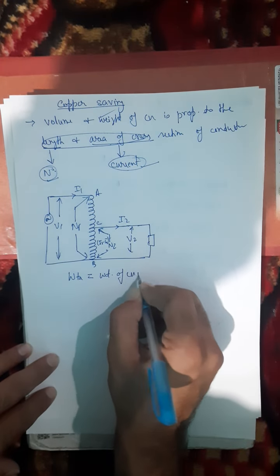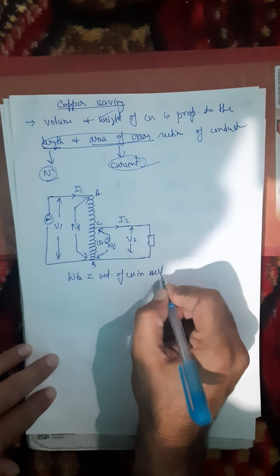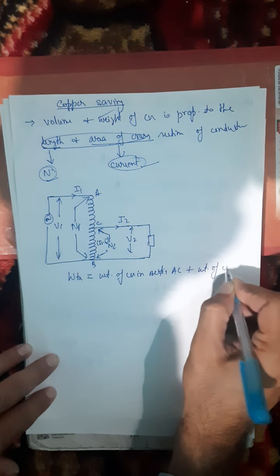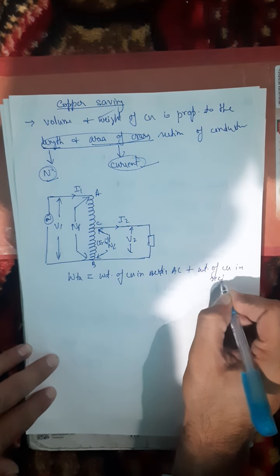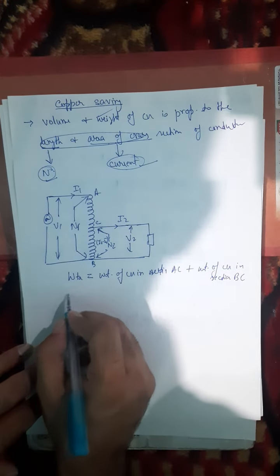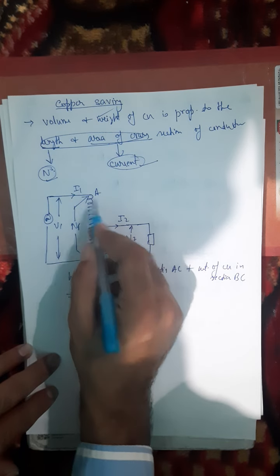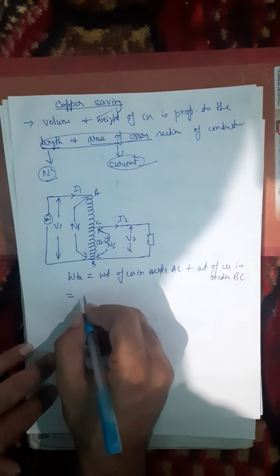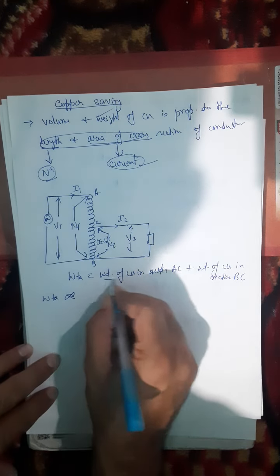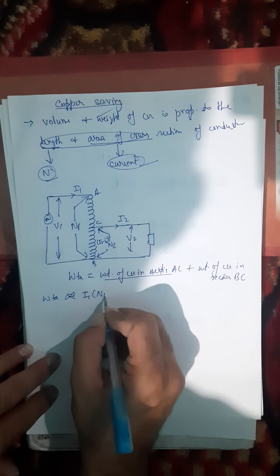Weight of copper in section AC plus weight of copper in section BC or CB. So the weight of the copper in section AC will depend upon the number of turns in the section AC and the current that is flowing in the section AC. So I am saying that it is proportional to I1 into N1 minus N2.